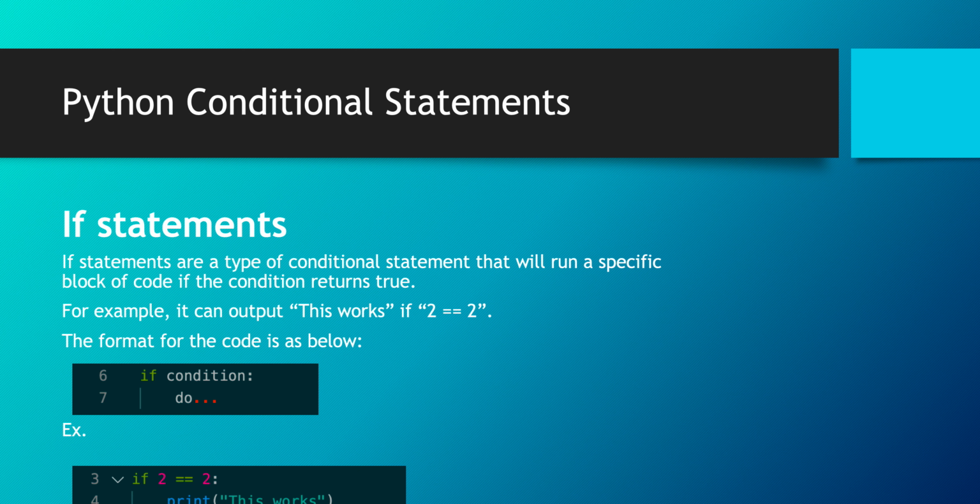For example, it can run code to output this works if 2 equals 2, and I know that everyone knows 2 is equal to 2. So we can output this works. So for example, this is the block of code for 2 equals 2. It will print out this works.